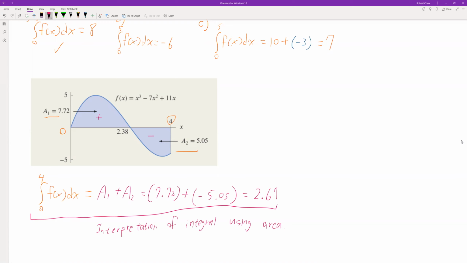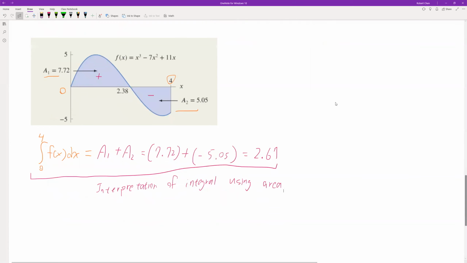Now, sometimes they will ask you another type of problem that, in my opinion, is a little tricky. It says find the total shaded area. Now, in this case, we are not worrying about integrals, we're not talking about areas under the curve.